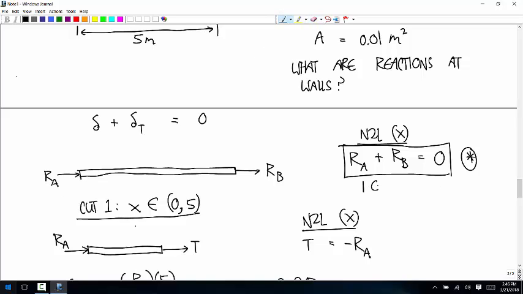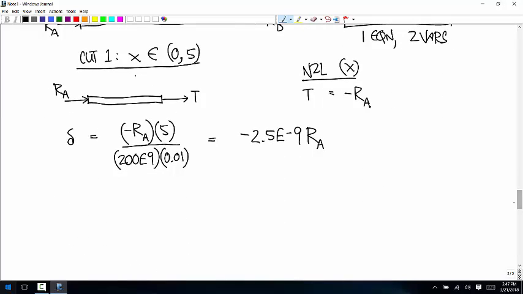And that's one equation, 2 variables. So that's when you know you have to figure out something about the elongation in order to solve this. All right, so the elongation due to the internal tension is this expression.